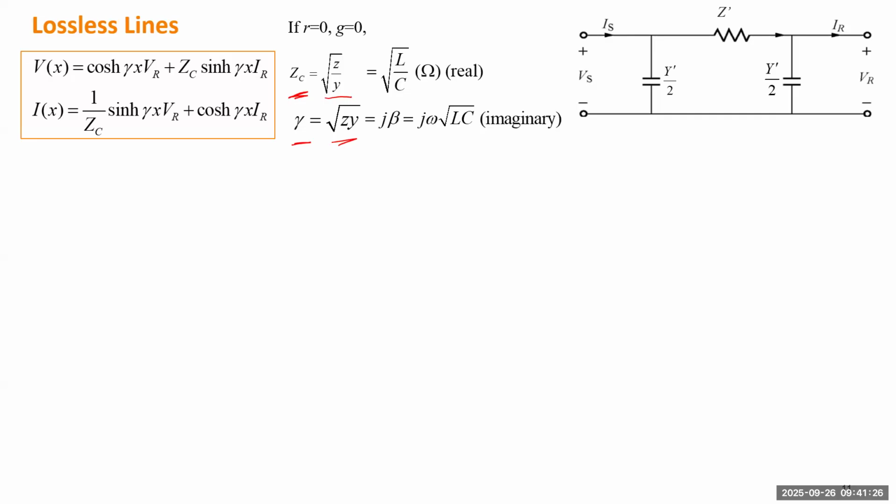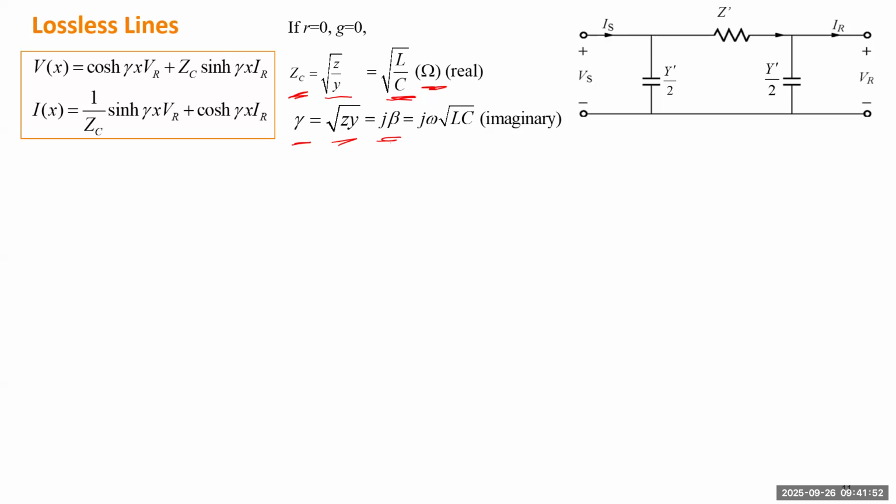So ZC will become the square root of L divided by C. So the unit for ZC is ohm. And the gamma simply becomes j beta. Beta is around 0.0013, right?